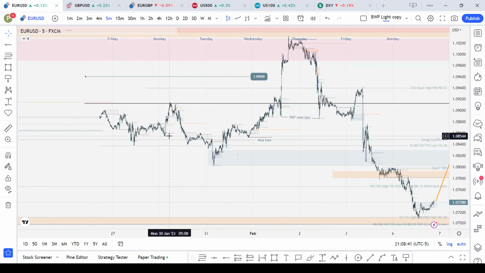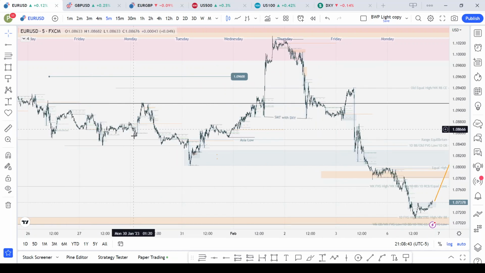Right from Monday, this run up, I anticipated it, this drop down, I anticipated it, this rally, and this drop. That was pretty much exactly what I outlined in the outlook video last week. So I'm really curious to see how EU plays out this week.